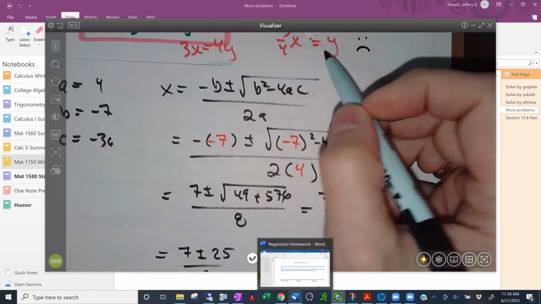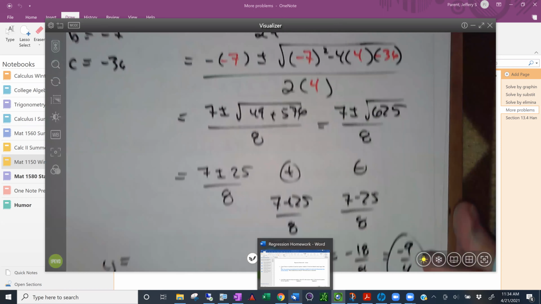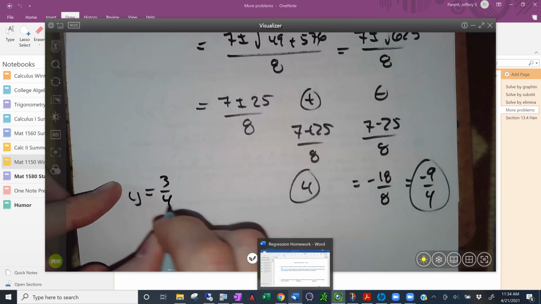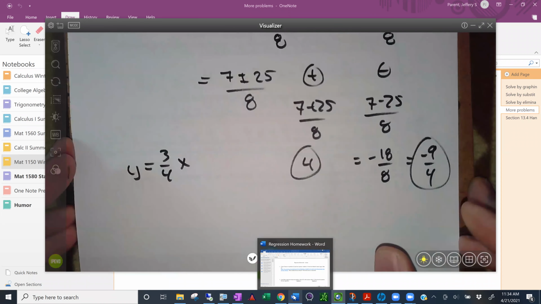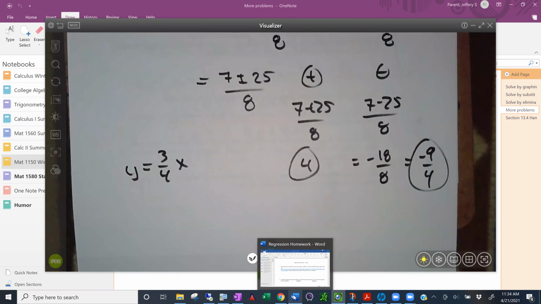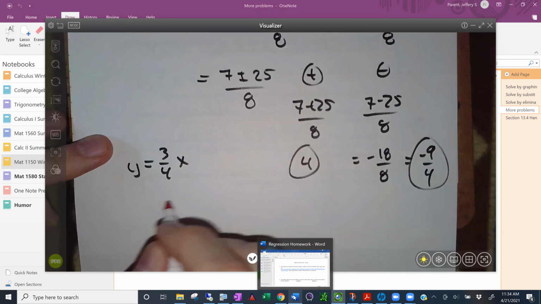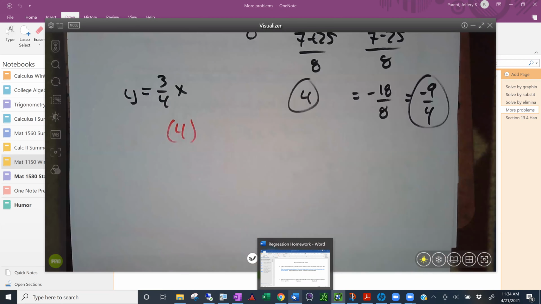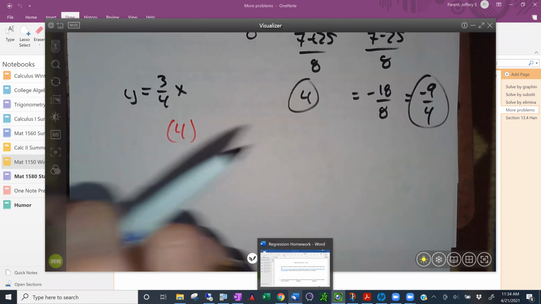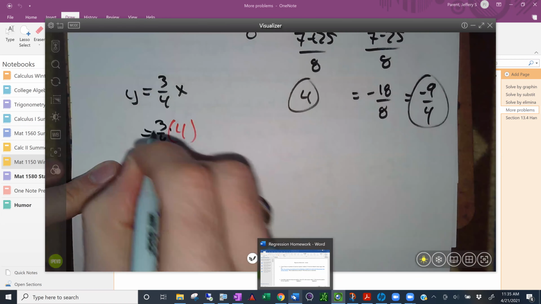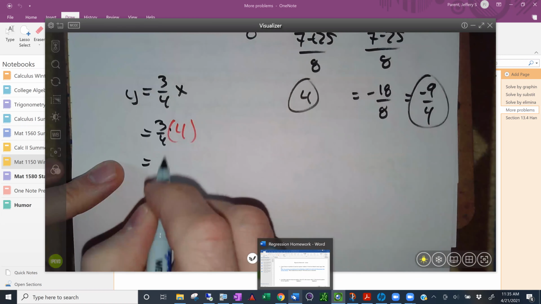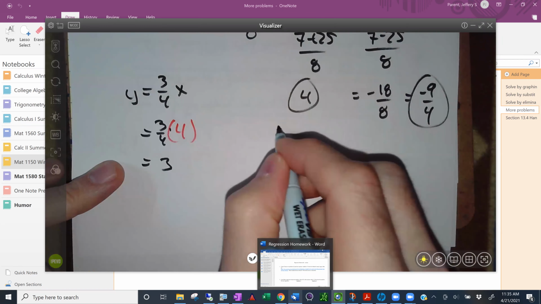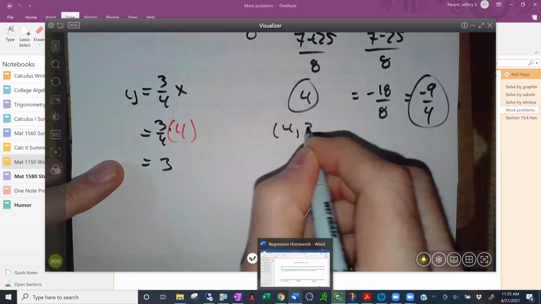I'm going to use that to figure out what y is. If I plug in a 4, 3/4 times 4, the 4's cancel, I get y equals 3. So 4 for x, 3 for y.